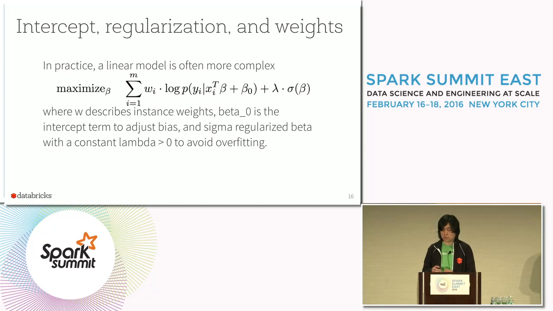You don't want to let the beta be arbitrary values; you want to control the values such that the model is reasonable. Lambda here controls how much weight you put on the regularization term, to balance the loss function and the regularization. Usually lambda is normalized by the number of instances in your training data set, here normalized by m, to get a good balance.